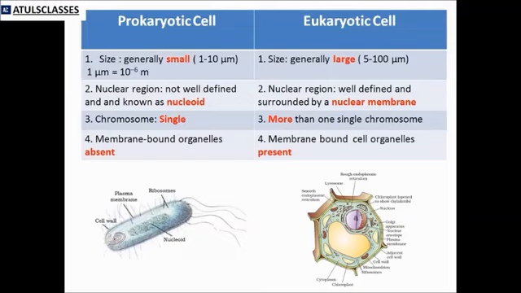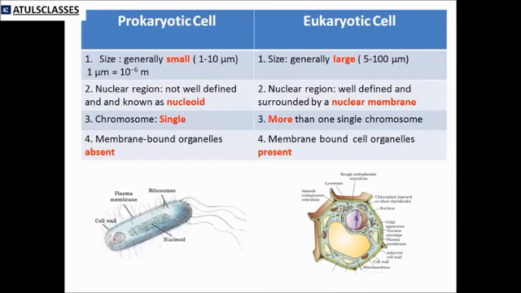Membrane bound organelles are absent in prokaryotes, but membrane bound organelles such as ER and other structures are present in the eukaryotic cell. So prokaryotic cells can be stated as the primitive cells, and the newer cells are the eukaryotic cells.